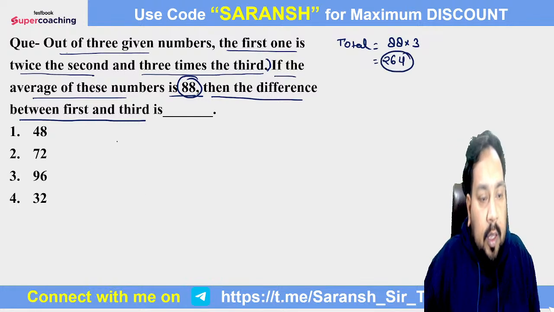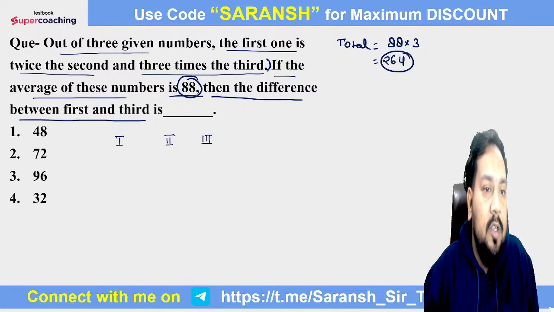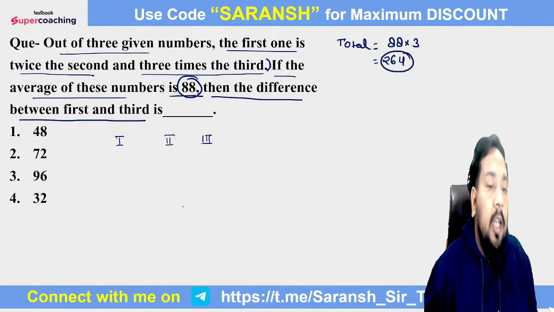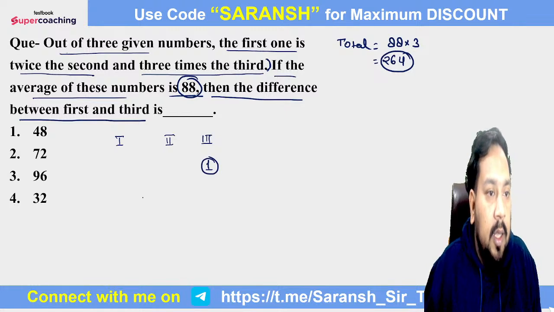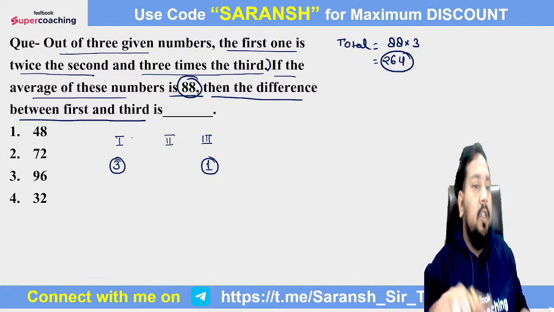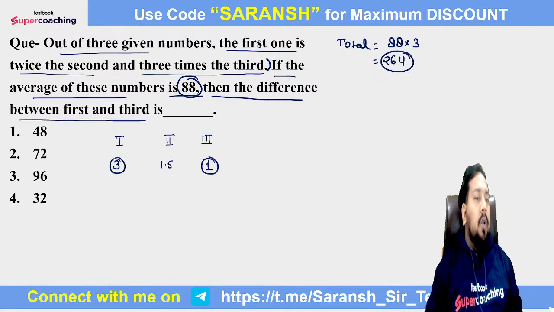Now, first number, second number, third number. First number is twice the second and three times the third. If the third number is 1, then the first number will be 3, and the first one is twice the second, then the second will be what? 1.5.